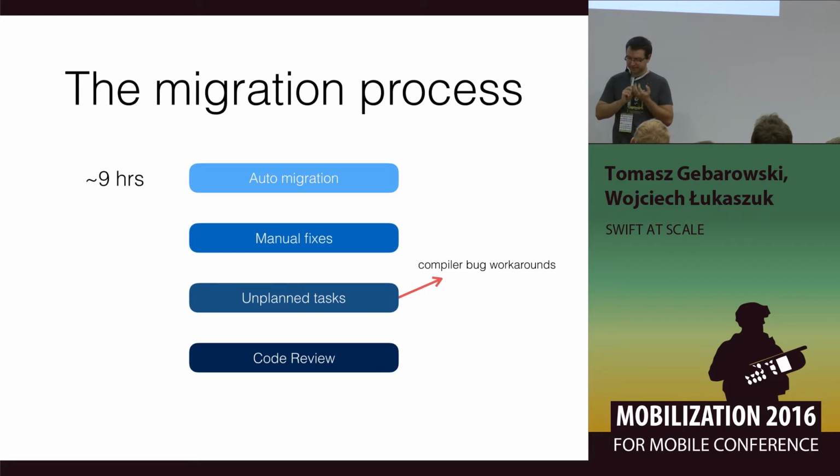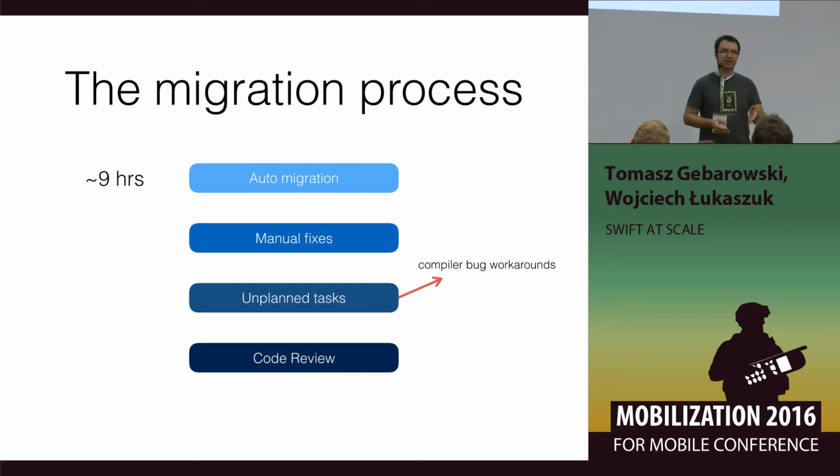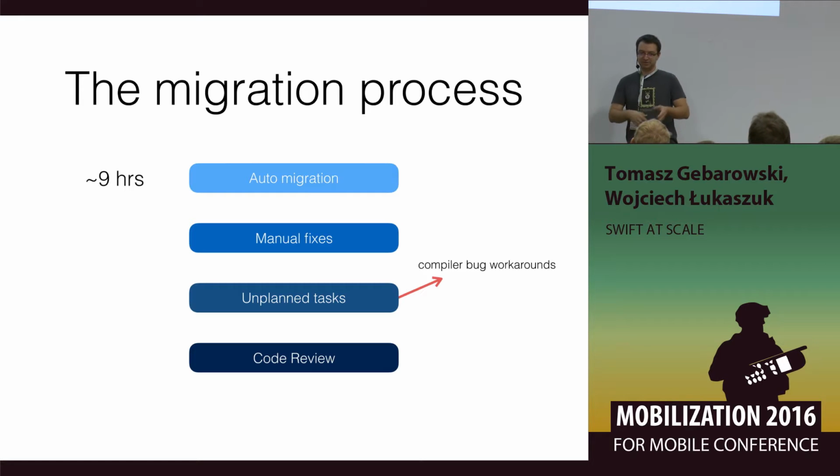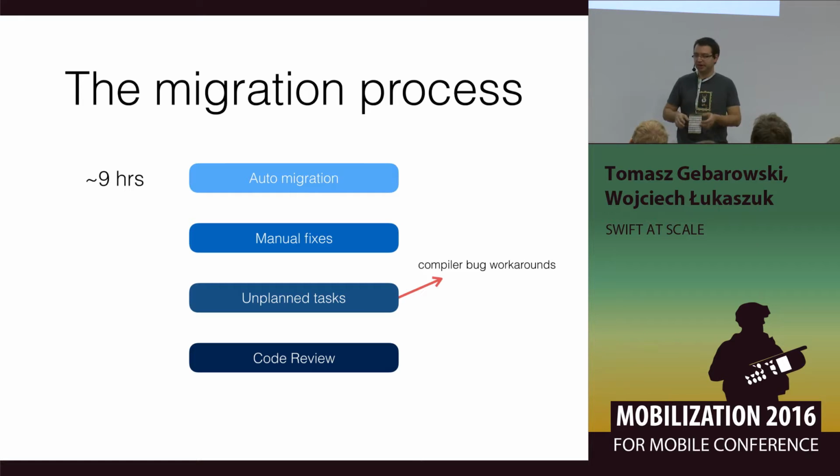And after that, we had to revise the code because, for example, the auto-migration tool puts lots of force unwraps in lots of places. So we didn't want to have force unwraps, and we preferred to use optionals, and to use if-lets or operators to work with optionals properly.